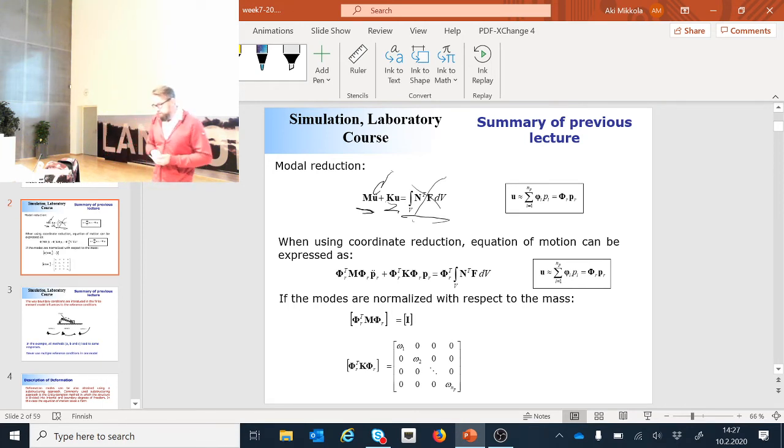Now if you have a finite element model that consists of 100,000 degrees of freedom, that means there are 100,000 different ways that the structure can deform. Some of these ways are more important than others, making it possible to ignore some of the deformation modes. And that's exactly what we're doing in a model reduction technique. We are ignoring some of the deformation modes.